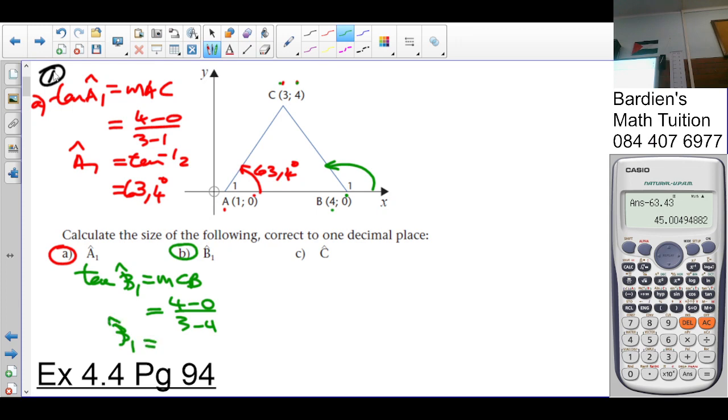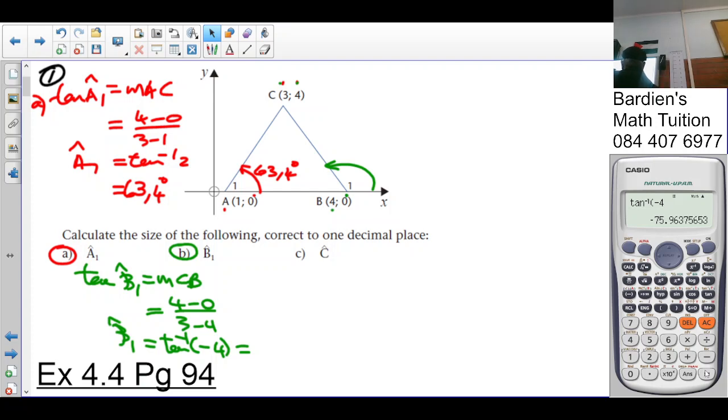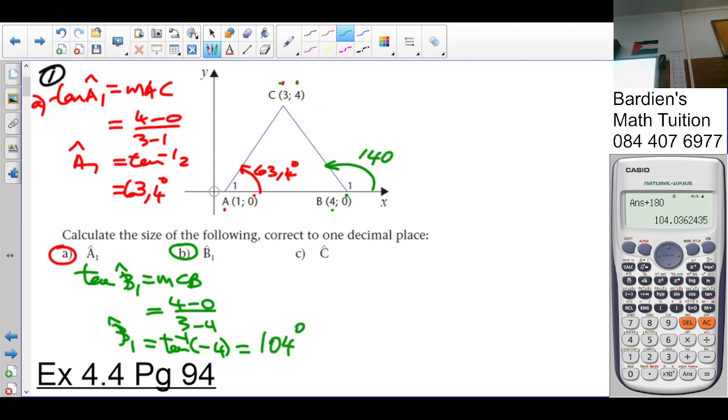What did you get for the gradient here? Negative 4, sorry. Sorry, my mistake. I said negative 1 but it is negative 4. So arctan of negative 4 is what? Negative 75.96, plus 180 gives you 104 degrees. You all agree with that?